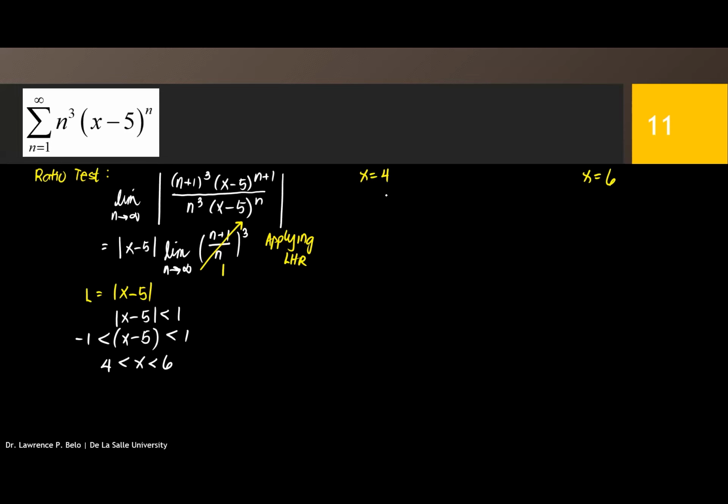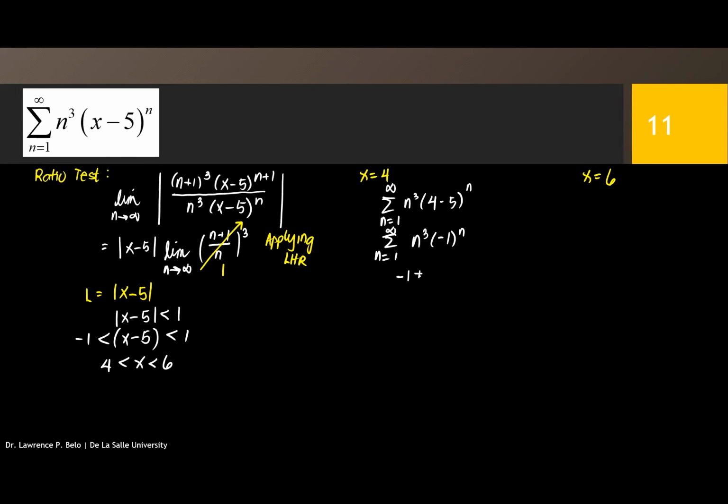When x is equal to 4, you're basically solving for the summation from n equals 1 to infinity of n cubed times (4 minus 5) to the n. This becomes n cubed times negative 1 to the n, summation from n equals 1 to infinity. Guys, when n is equal to 1, what's the value? Negative 1. What is the value when n is equal to 2? 8.